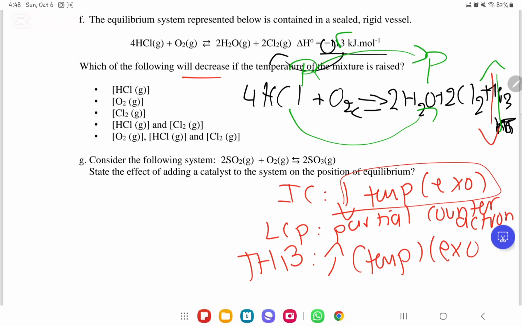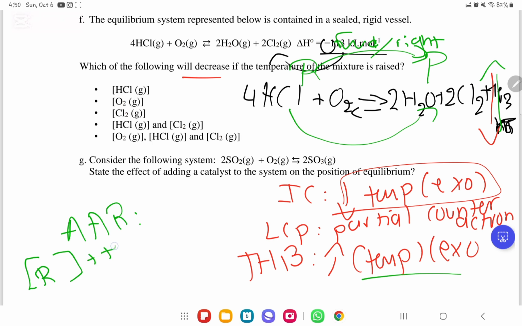So we say it is a forward or right shift. As a result, the concentration of reactants plus the temperature of reactants will decrease.